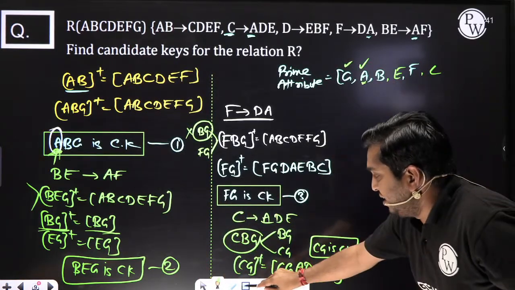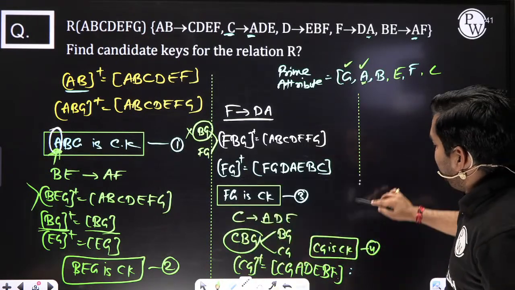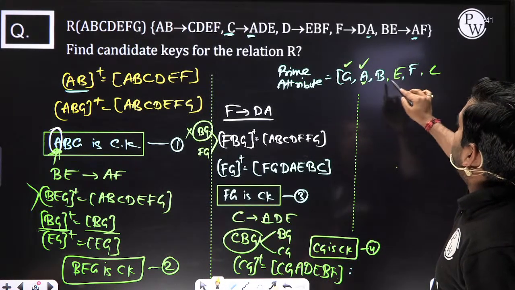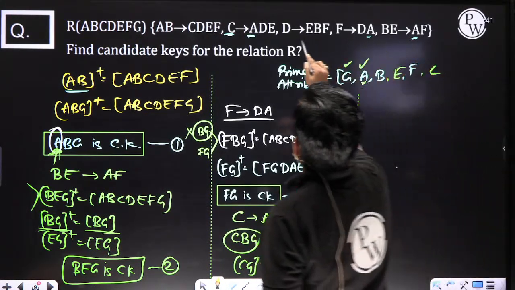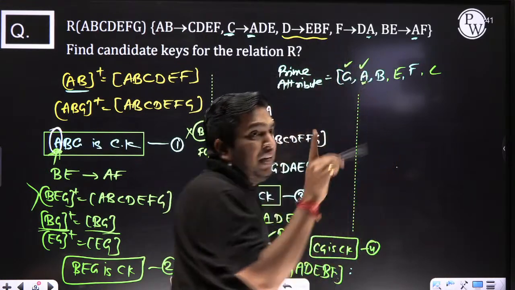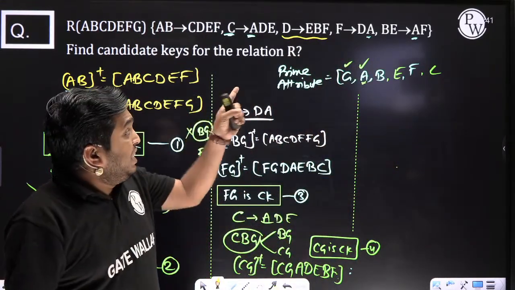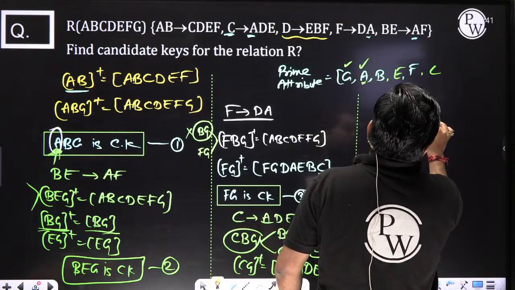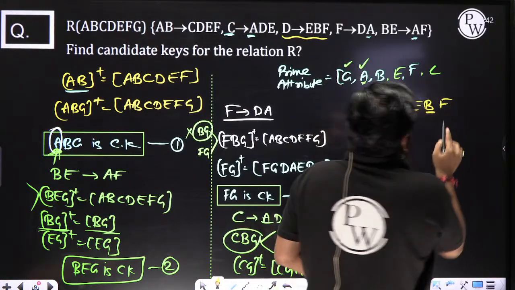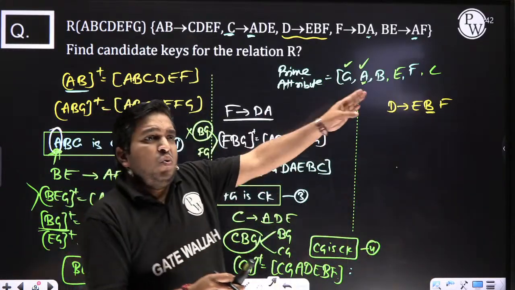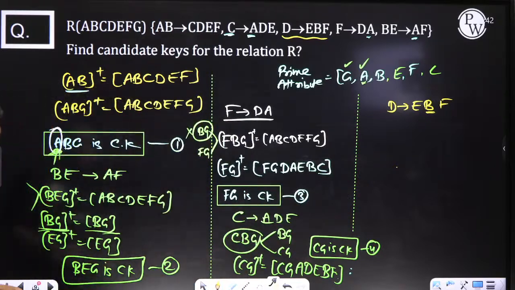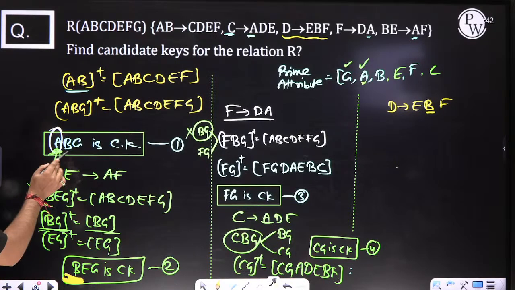Now the same thing, my dear student, we have to follow for the next prime attribute. You can see, my dear, F determines B. You can replace this B with the help of D. Now you have to see wherever B is coming, here and here.